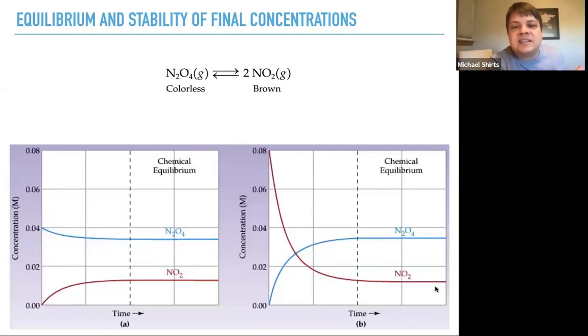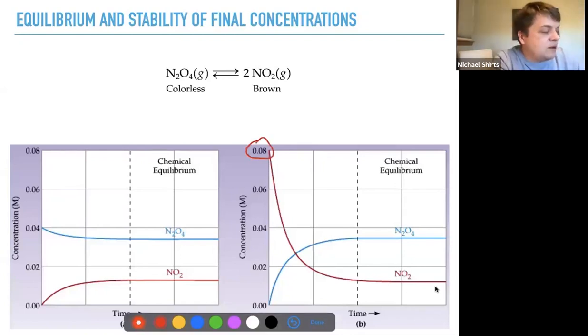But in this case, since we started out with the equivalent amount, 0.04 molar N2O4 is the same amount of total material as 0.08 molar NO2, then if we start from that other initial point with the same total amount, we will reach the same equilibrium. So it doesn't really depend on the initial conditions.